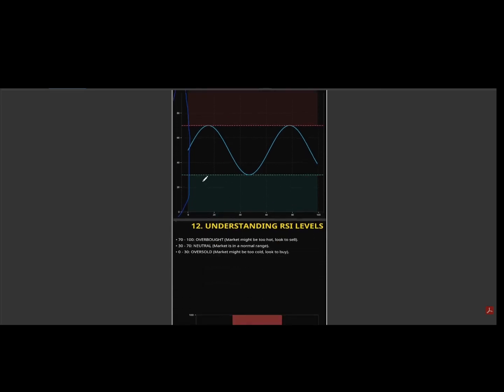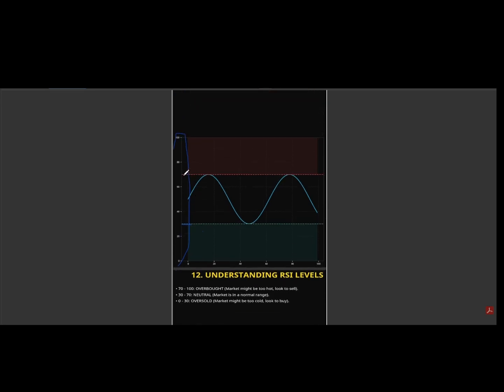If the market comes below this 30 line, that means that the stock or whatever it is, is oversold. And when it goes above the 70 line, this is the 70 line and this is the 30 line. If it goes below the 30 line, that means that the market is oversold, too many people are selling.